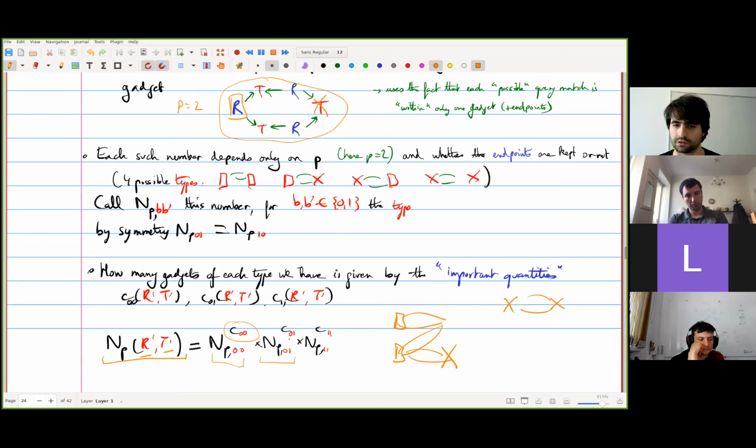This is the behavior of this gadget or that gadget. They are symmetric. Times how many edges of the bipartite graph are of this kind.